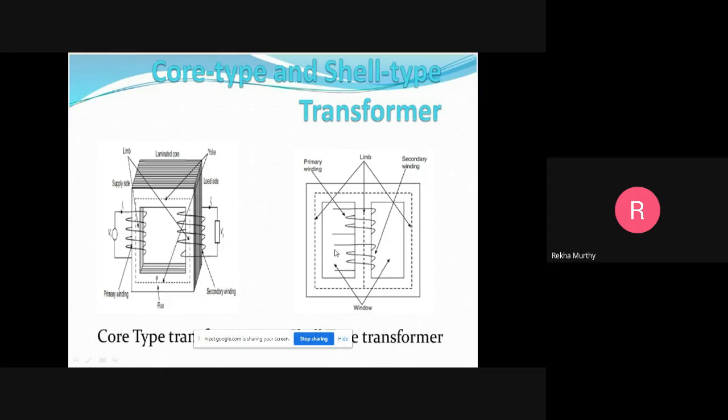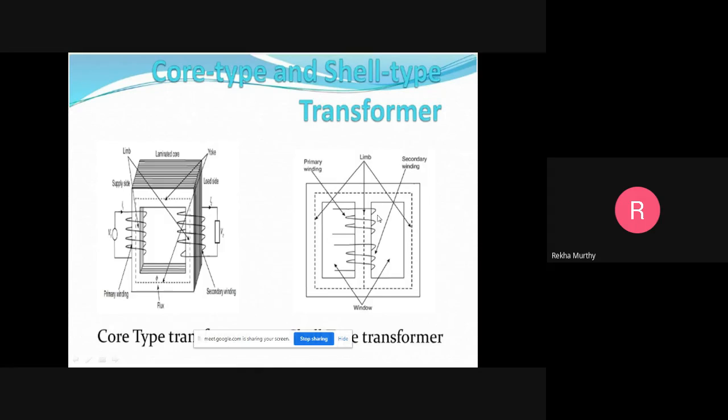Whereas in the case of a shell type, there are two windows, one here and another here. What is the difference here? You will find on a single limb one primary winding will be wound, and on another single limb the secondary winding will be wound.